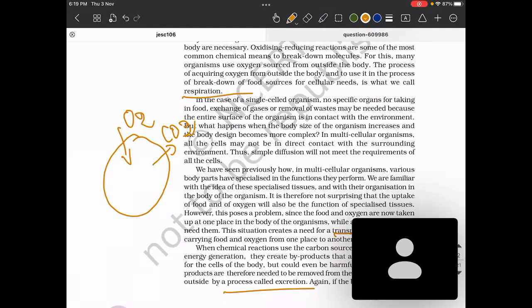Actually, oxygen is used and carbon dioxide is produced. If the carbon dioxide comes out as such, what occurs? It becomes cytotoxic. What is called cytotoxic? It is bad for the cell. Yes, it is toxic to the cell. The cell will die.